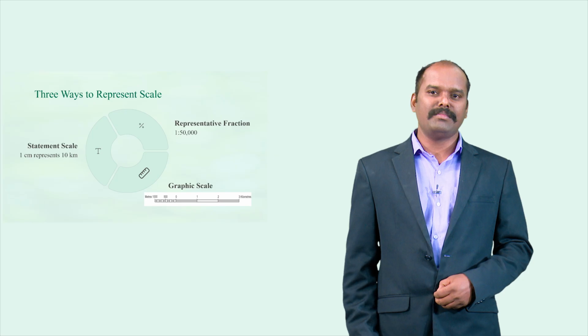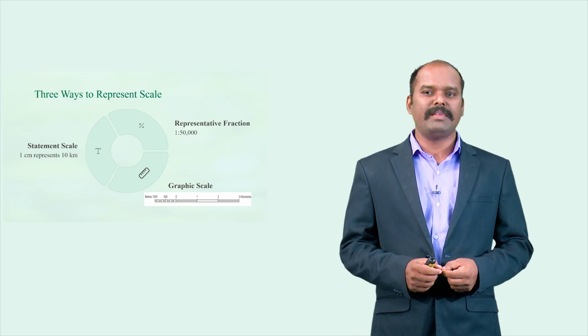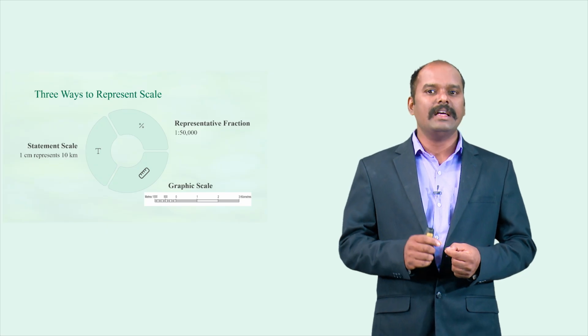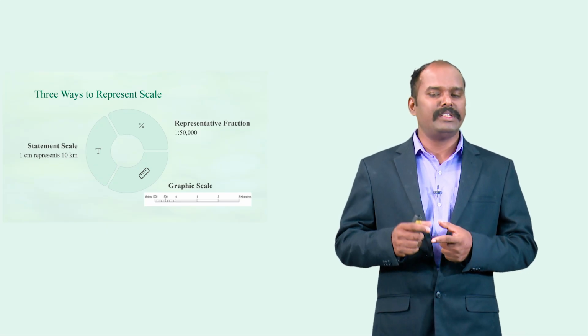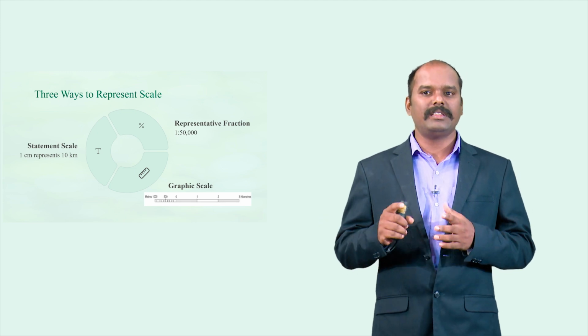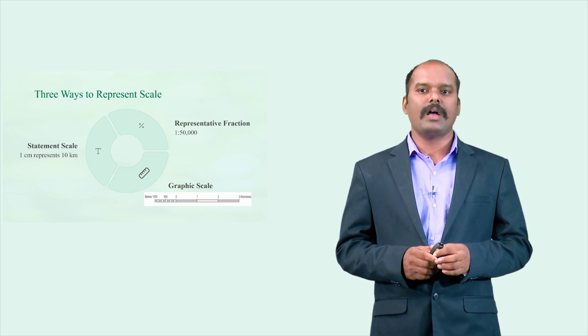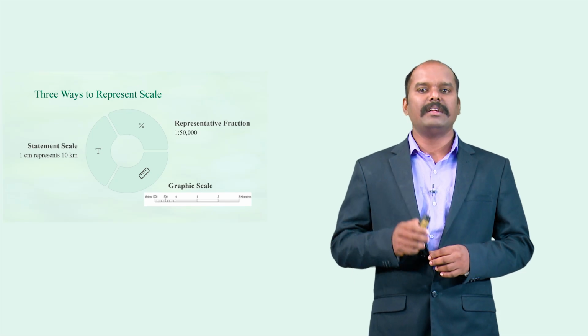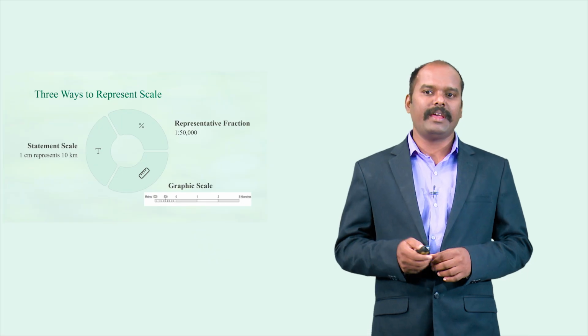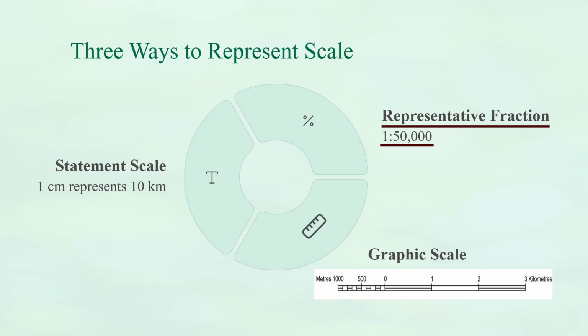For example, if you are measuring the distance between 2 points in the map and it comes to 1 centimeter, it represents 50,000 centimeter in the real world. So, this is called representative fraction, nothing but the numerator divided by the denominator value. Here 1 is the numerator, and 50,000 is the denominator, representing the ground distance.